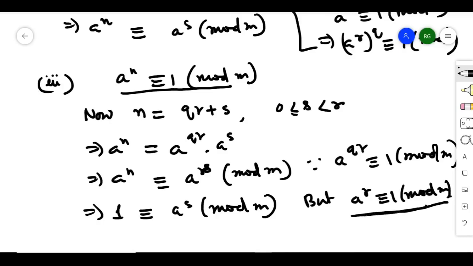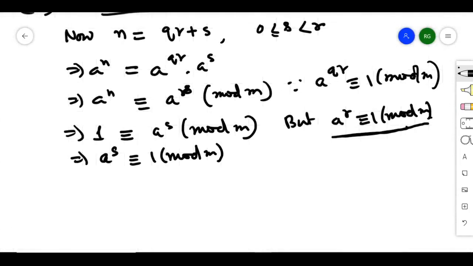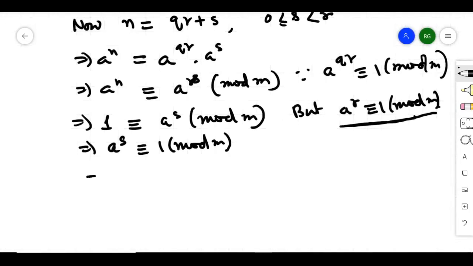But here s is an integer which is less than r, and here we have a to the power s congruent to 1 mod m. And this is possible only when s is equal to 0, because if I put s equal to 0, then the left hand side will take the form 1, and definitely 1 minus 1 is 0, which is divisible by m. So s is equal to 0.